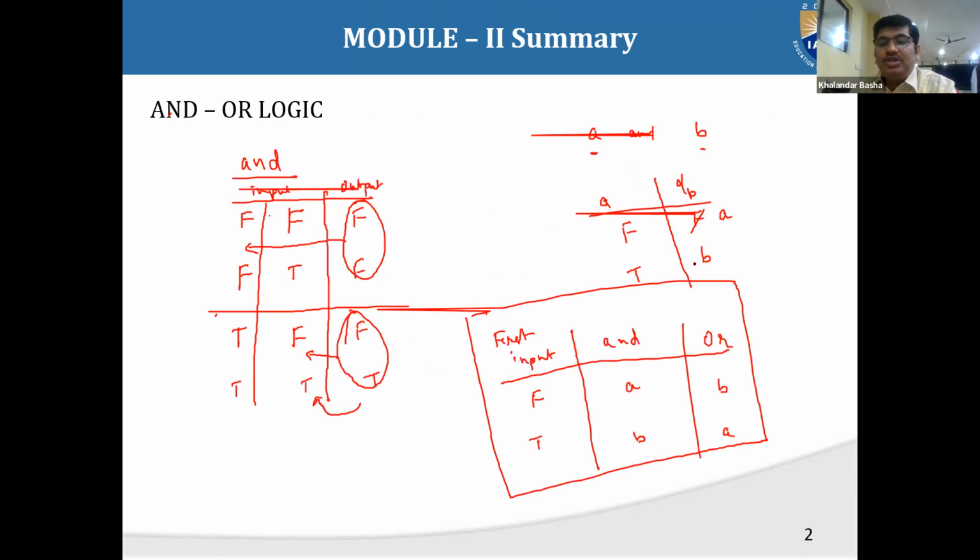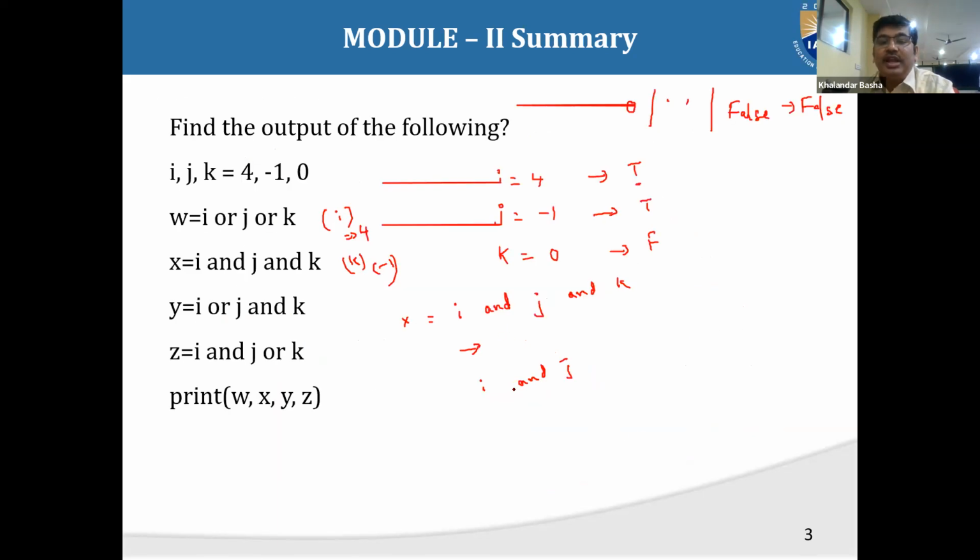In the AND logic, if the first input is true, the output is the second input. Now in our case, as I is true, I and with J is going to return J. Whatever the J value is, that is going to be passed.